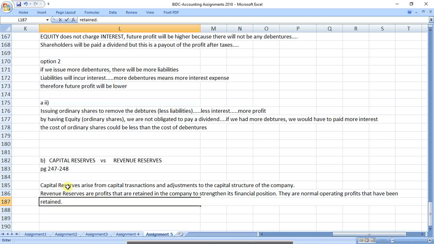Then the last sentence is, this is added to the retained earnings from previous years in the statement of changes in equity.